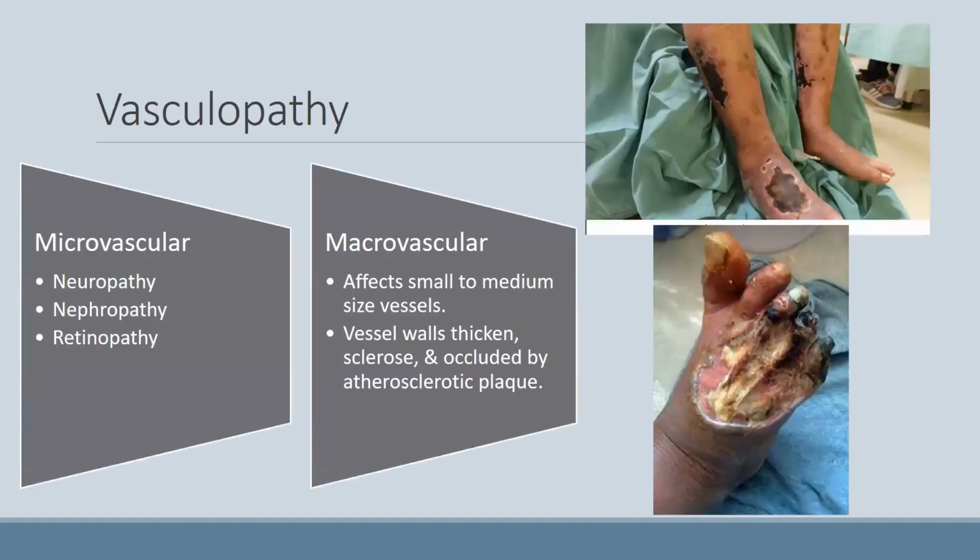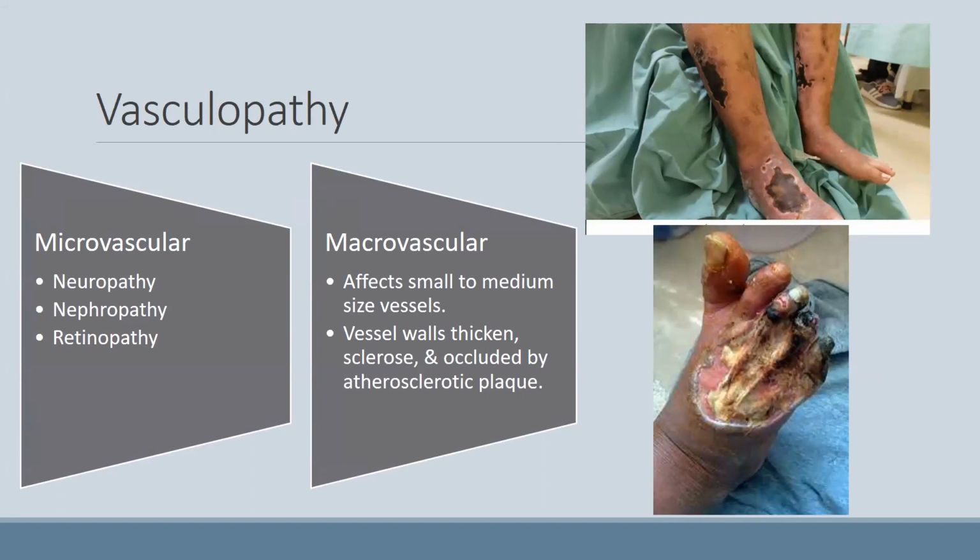So now let's look at the vasculopathy. We have microvascular abnormalities. This is involvement of the small blood vessels, meaning the capillaries, and how this results in neuropathy. Again, like I said, it's complex. There are multiple mechanisms, but of note is that histologically, when you look at the capillaries of a diabetic patient, you will note thickness of the basement membrane.